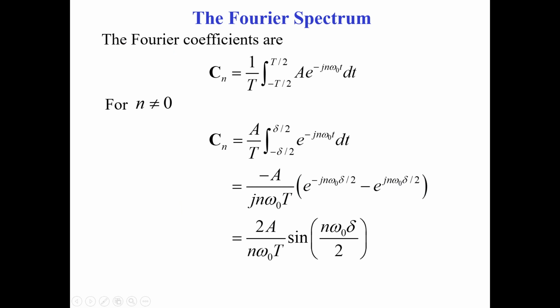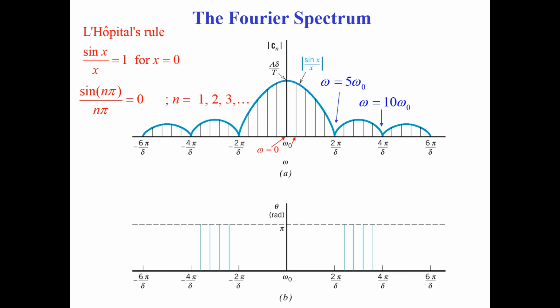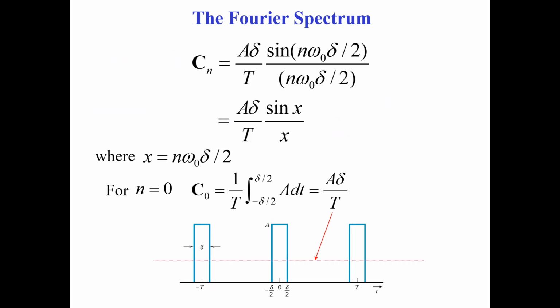Not a big deal. It's similar to the previous case, and you can just simplify it like that. And it's our function. You can get the average value of this pulse. This is just a repetition, and you can get the Fourier spectrum like that.